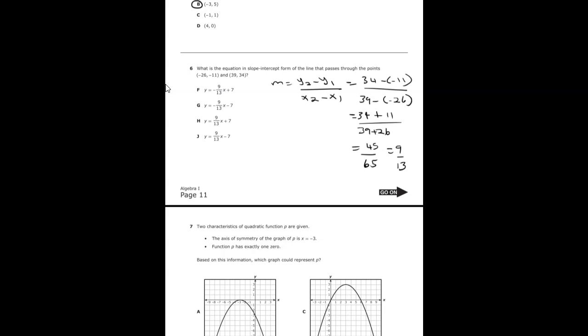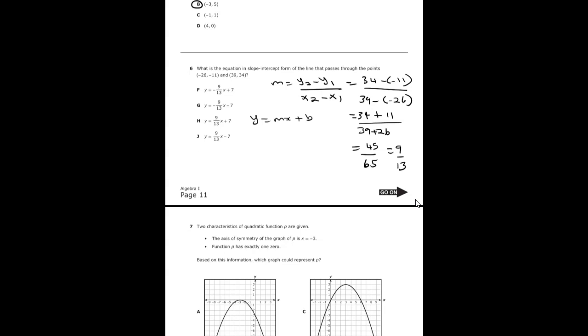So we want to write this in slope-intercept form, which is going to be in the form y equal to mx plus b. So how do we write this function in that form?